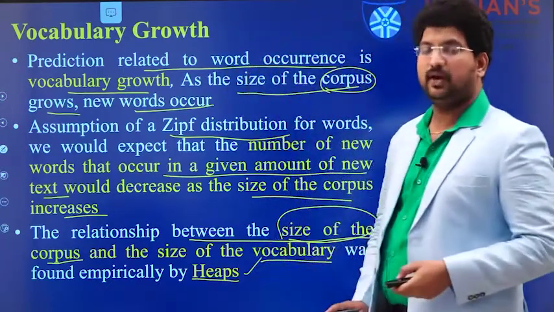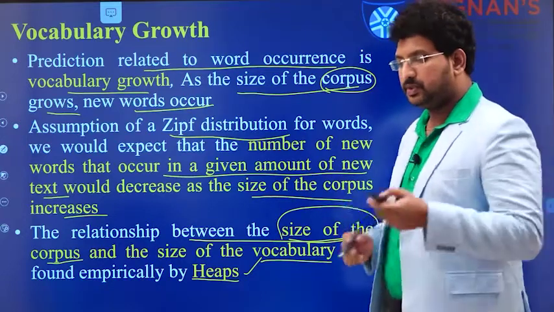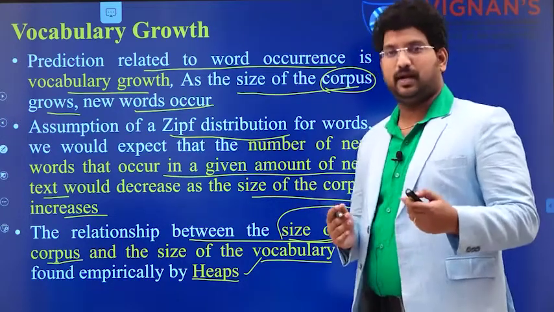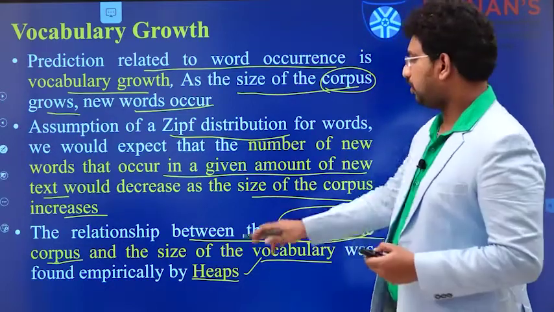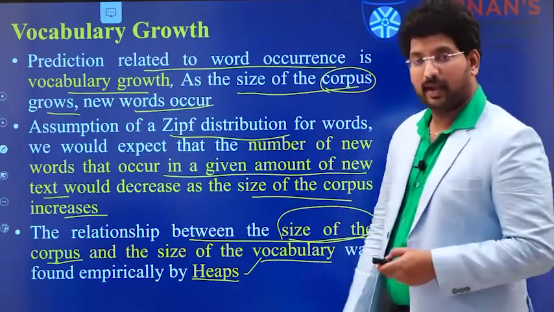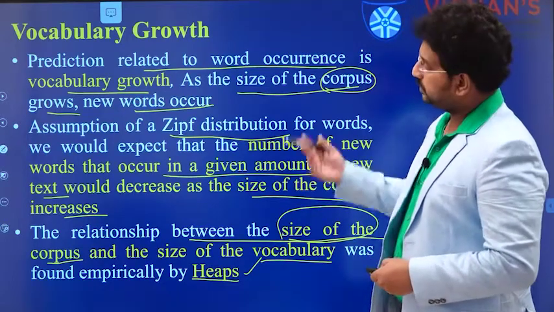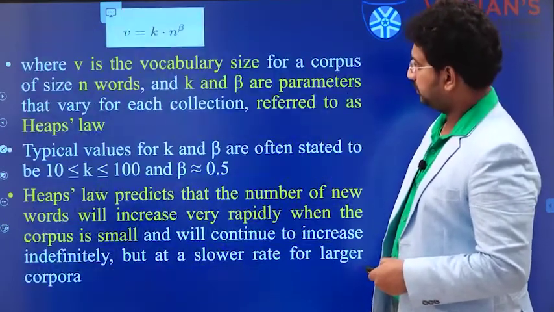This is one of the laws we are going to know. Here we are going to understand the relationship between the size of the corpus and the size of the vocabulary. We will go into some details about it.